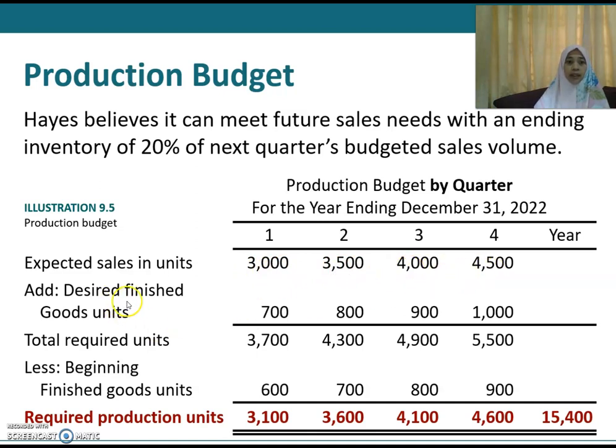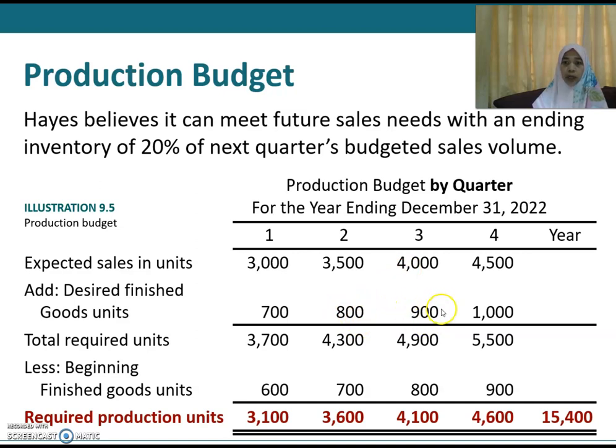And then the desired finished goods is the formula where you add your ending inventory less your beginning inventory. Take this one: how do you arrive at 800? It is 20% of next quarter's budgeted sales volume, so 20% of 4,000 gives you 800.